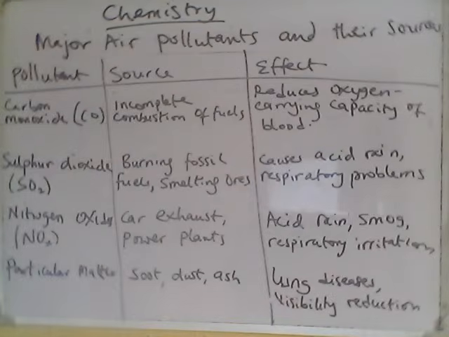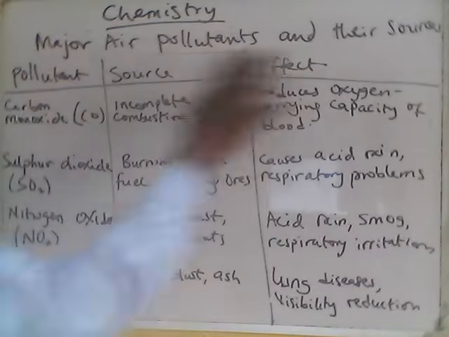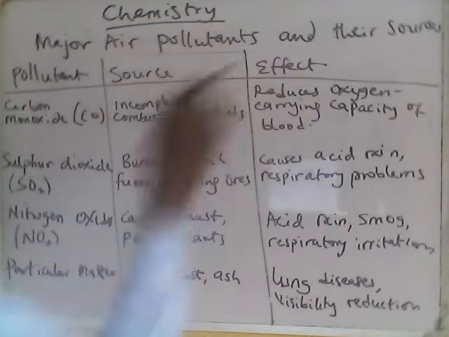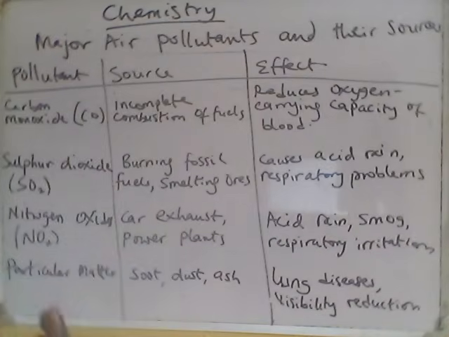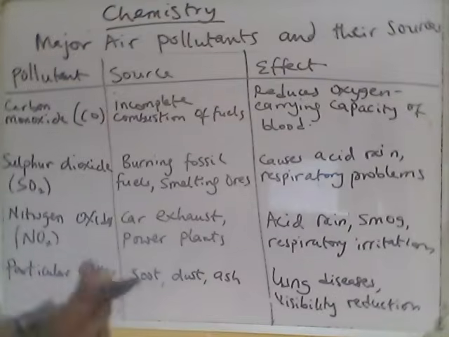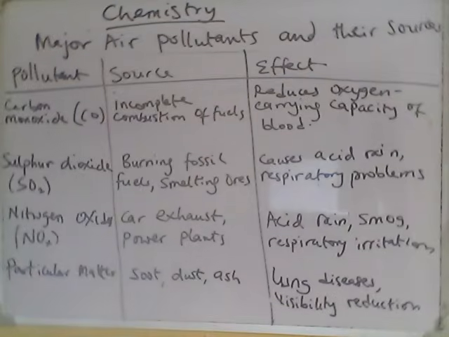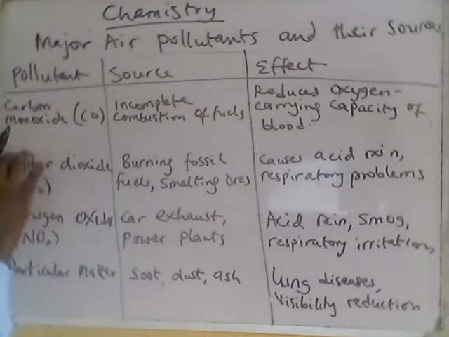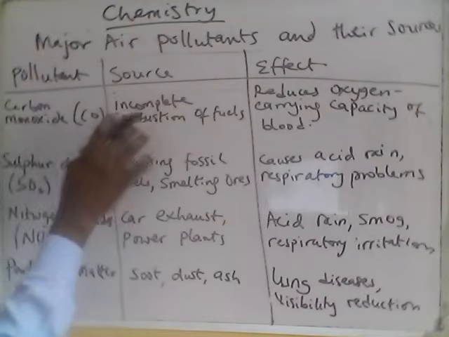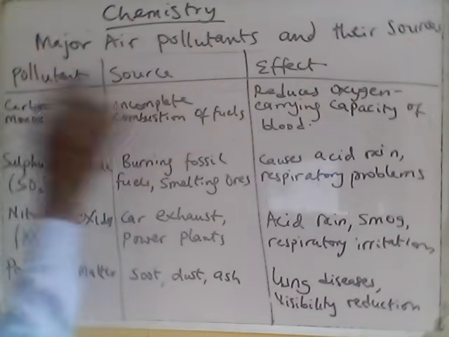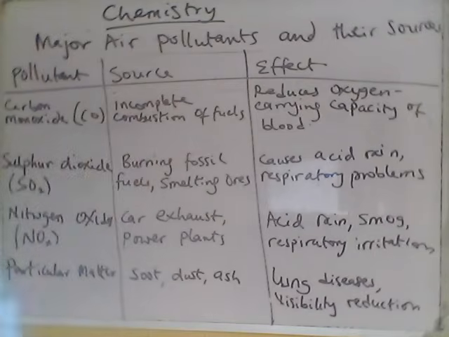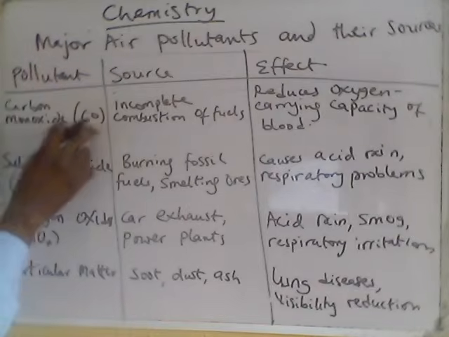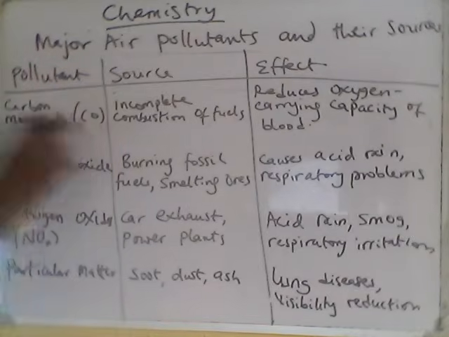Okay, so we'll move on to major air pollutants and their sources. Where do these air pollutants come from, and what effects do you see? So the first one we have here is carbon monoxide, a gas introduced into the air that can come because there is incomplete combustion of fuel. The fuel does not burn completely, and this compound, carbon monoxide, is produced.